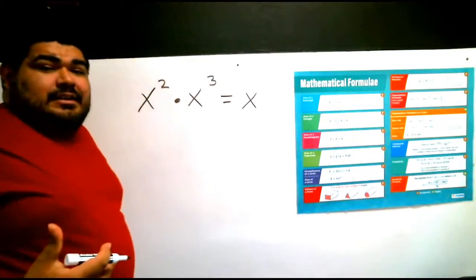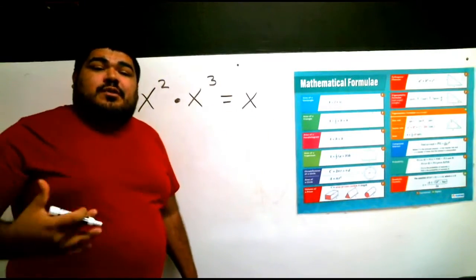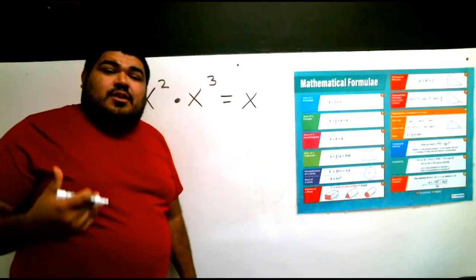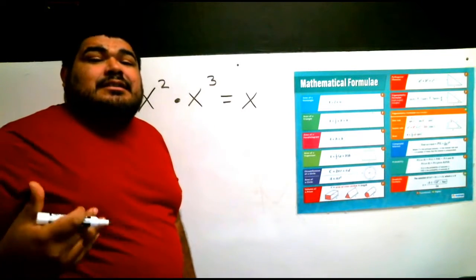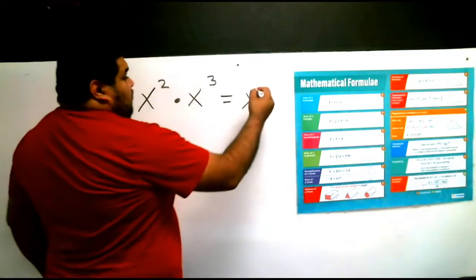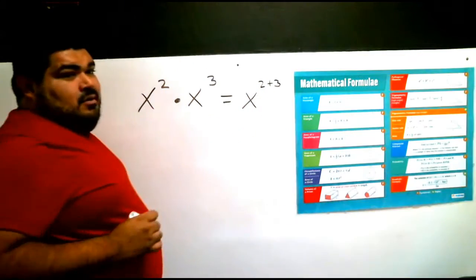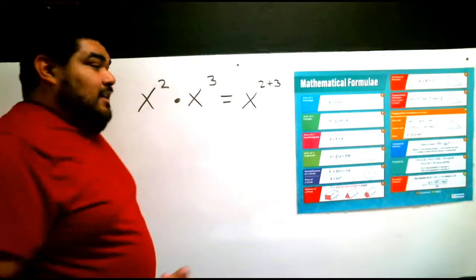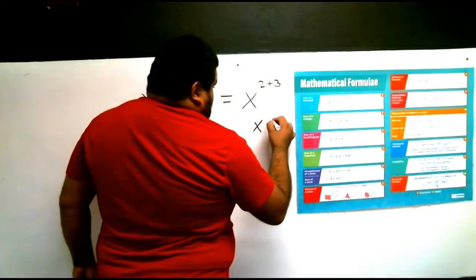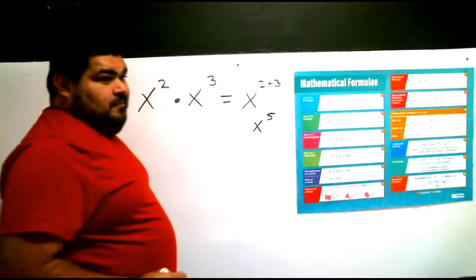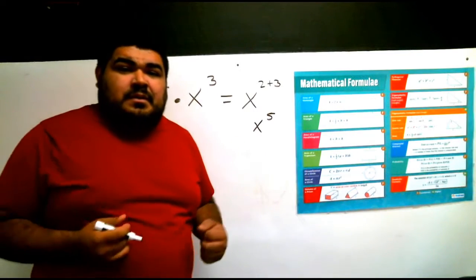The rule is that when two variables are being multiplied with exponents, all you have to do to those exponents is add them. So we have x, 2 plus 3. So your final answer is x to the fifth. And that's it.